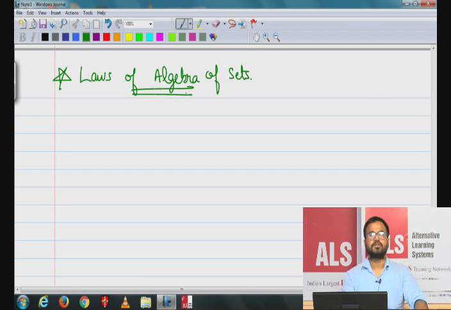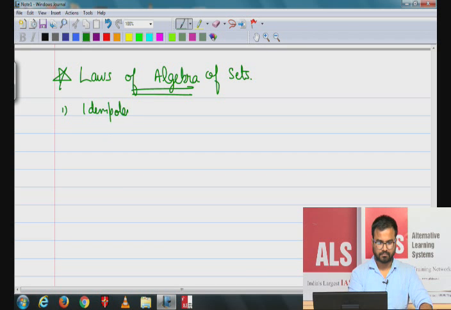Note down the heading, laws of algebra of sets. The first one is idempotent law.